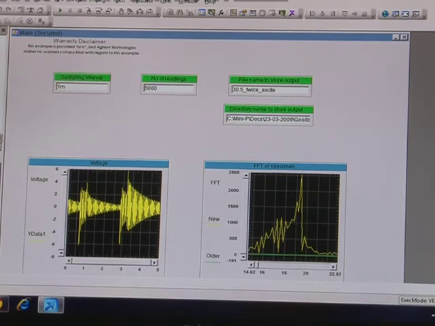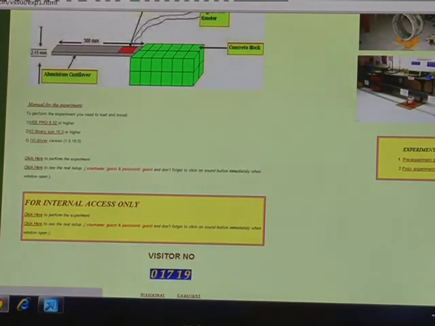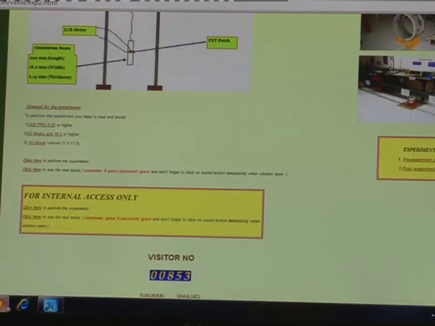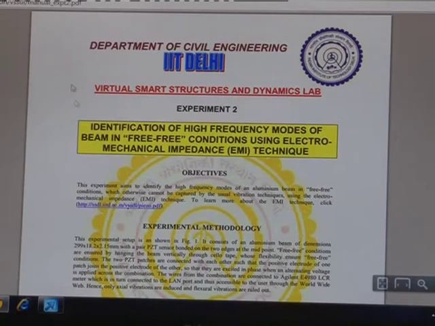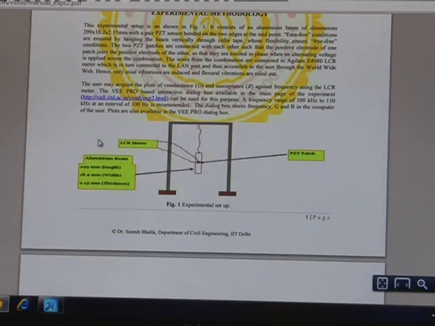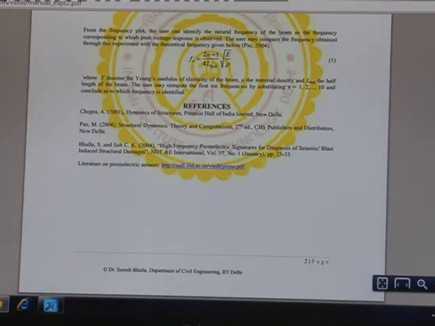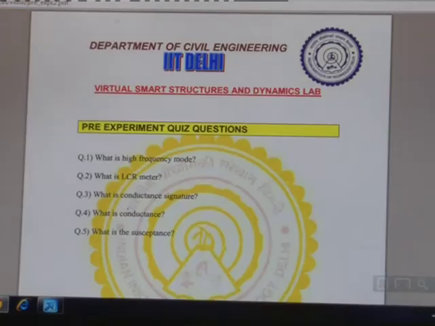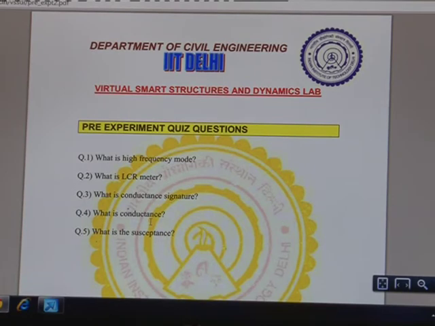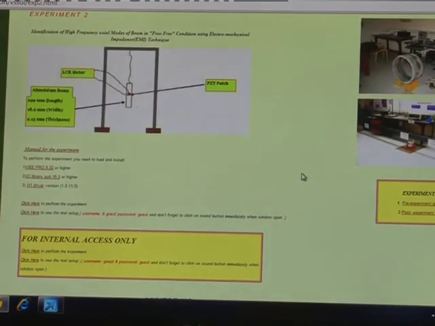Similarly, we will proceed for experiment number 2. Again the manual is given, you can read the instructions in this manual, and also the pre-experimental quiz and the post-experimental quiz are given here. The user needs to perform the pre and the post-experimental quiz for all the experiments, before performing and after performing the experiment.